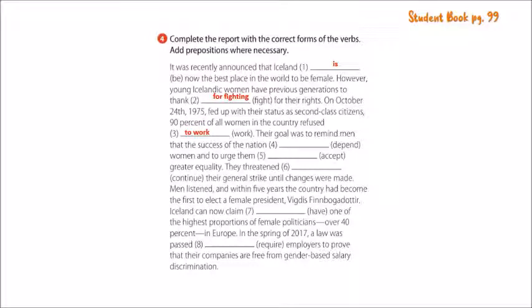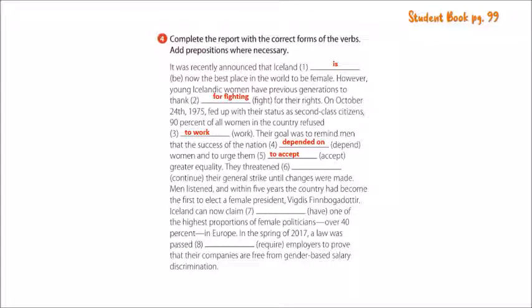Their goal was to remind men that the success of the nation depended on women, and to urge them to accept greater equality. Remind is the verb, then we have the subject. What do we need after urge? To, right?